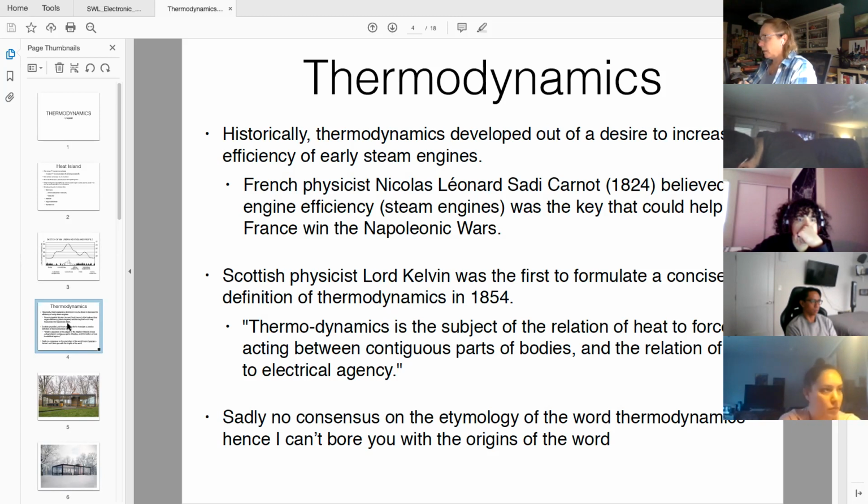So they were looking at that, but it wasn't until Lord Kelvin, from whom the Kelvin temperature system was named, in 1854, that he defined thermodynamics as the subject of the relation of heat to forces acting between contiguous parts of bodies, and the relation of heat to electrical energy.